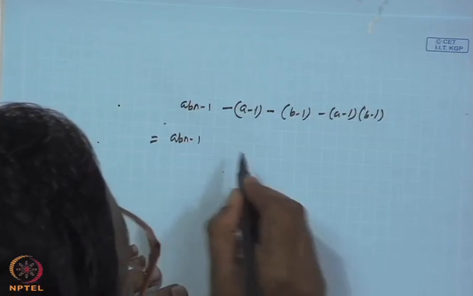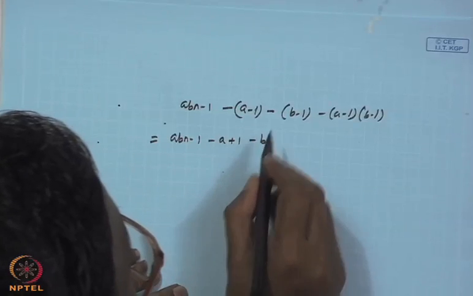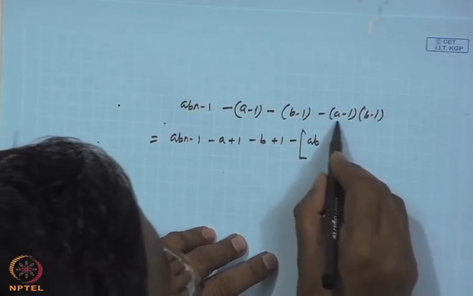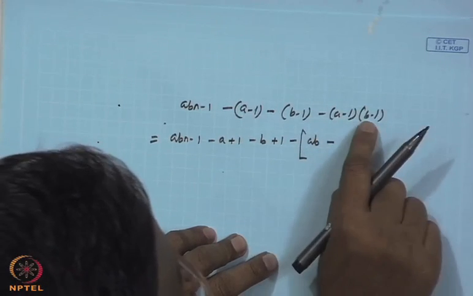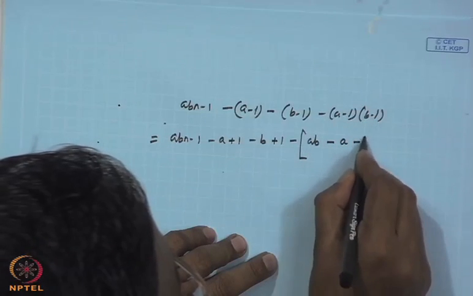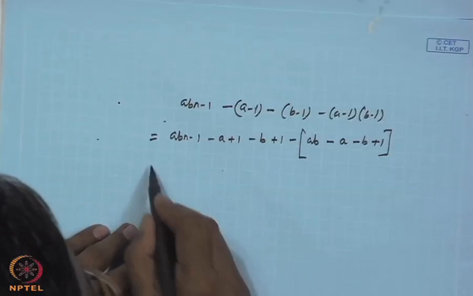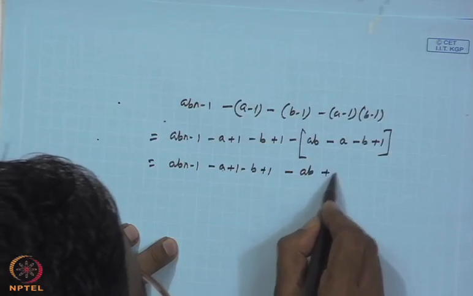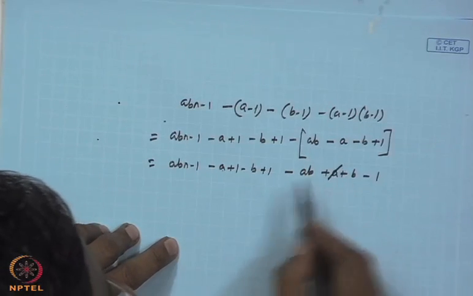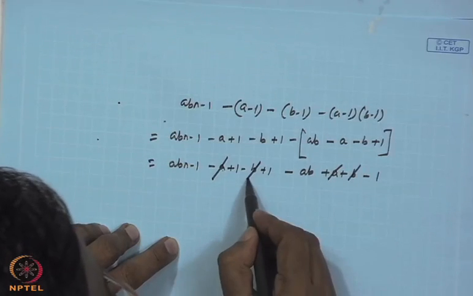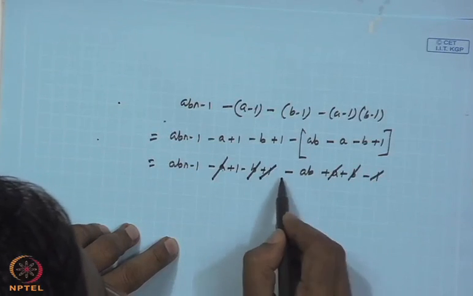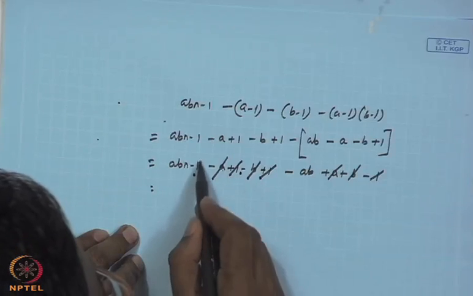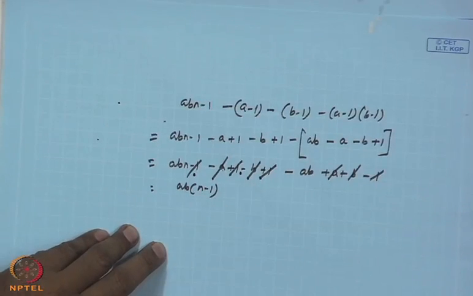So, this is ABn minus 1 minus A plus 1 minus B plus 1 minus AB plus A plus B minus 1. So, plus A minus A, plus B minus B, minus 1 plus 1 cancel out. So, that means AB n minus 1.